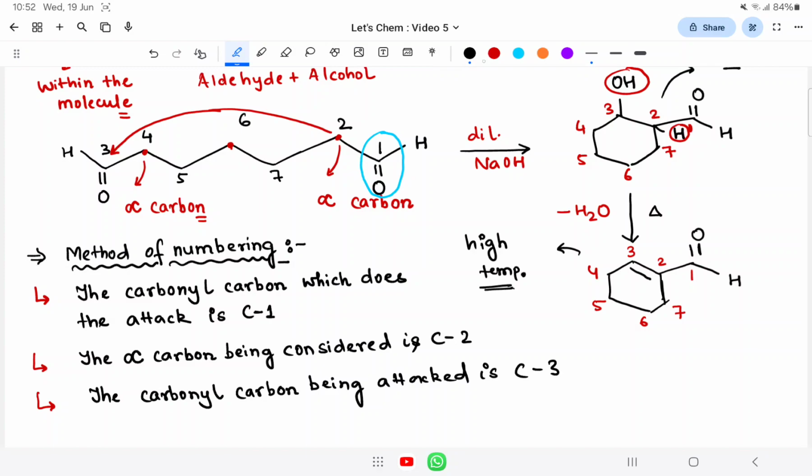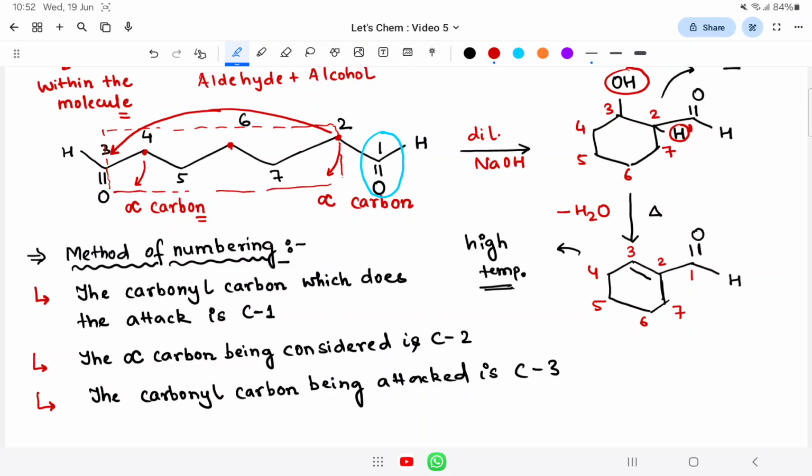Whenever we are writing this, as a practice you can capture that area which is going to form a ring. For example, if I see here, this area was my area of concern, exactly from where the ring formation happened.